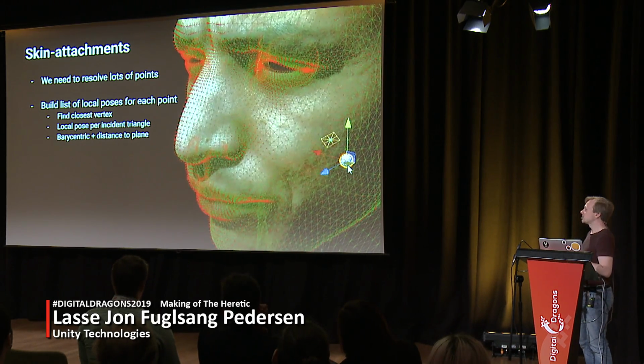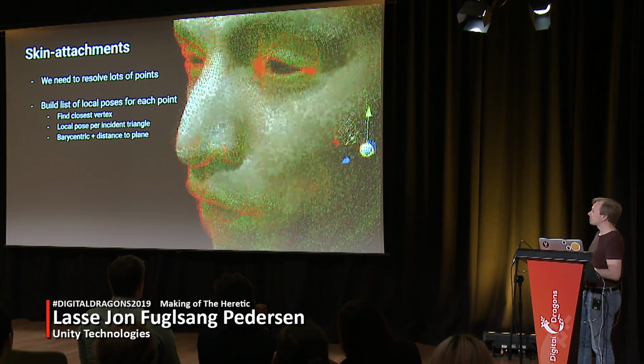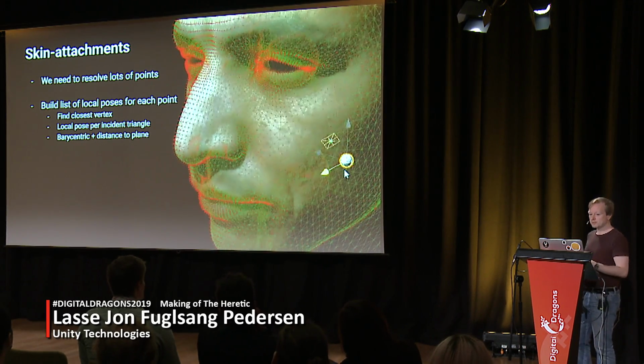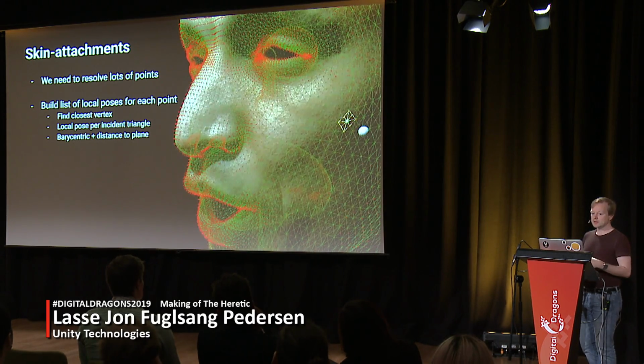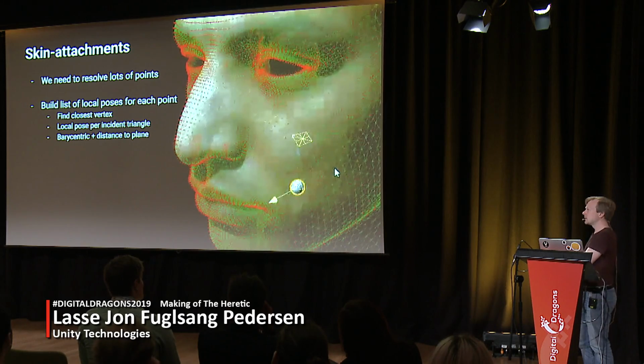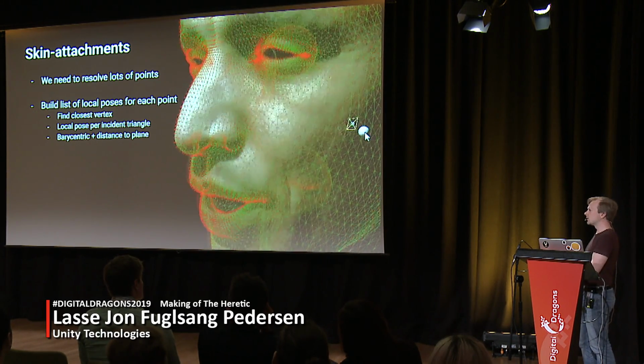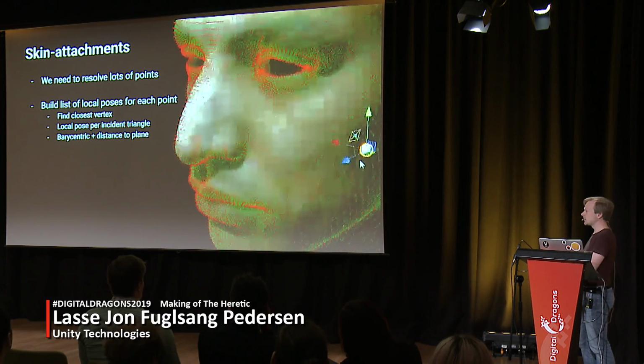And then we build a system that, given this alignment and this data, extracts a bunch of points, and then we say, okay, we would like to build local poses for these points, so that later on, regardless of the deformation of the skin, we could resolve the position of these points and then feed them back into those meshes.